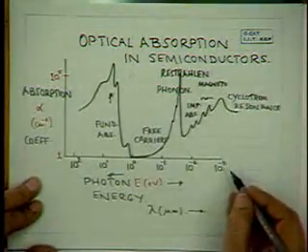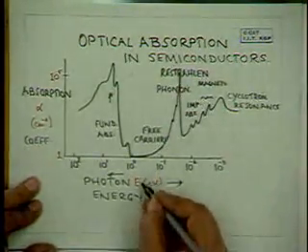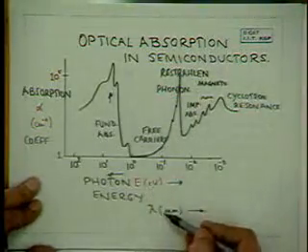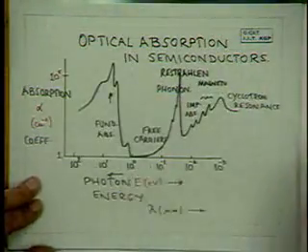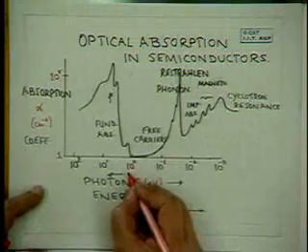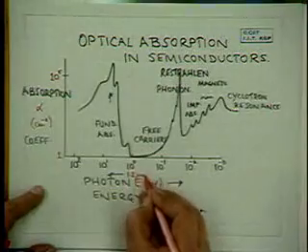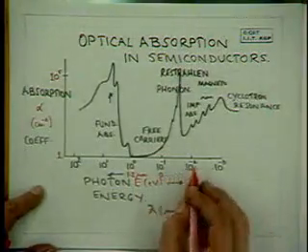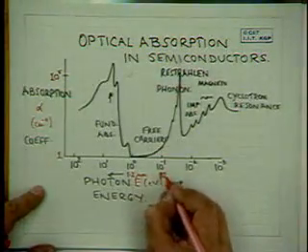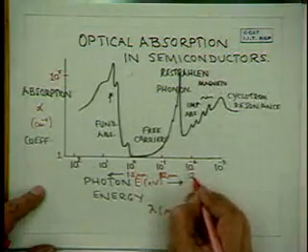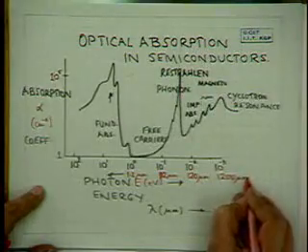So if we use the conversion from energy into wavelength, we notice that this 1 eV corresponds to 1.2 microns. This is 12 microns. This is 120 microns, and this is 1,200 microns in the infrared.